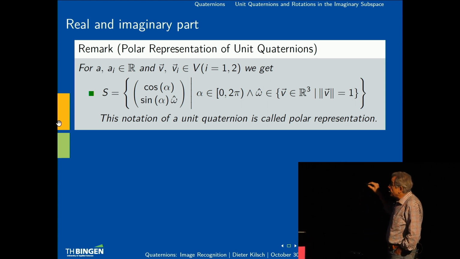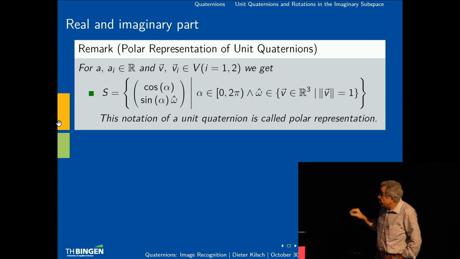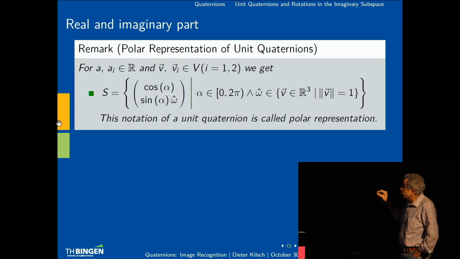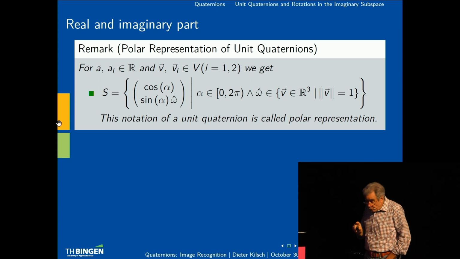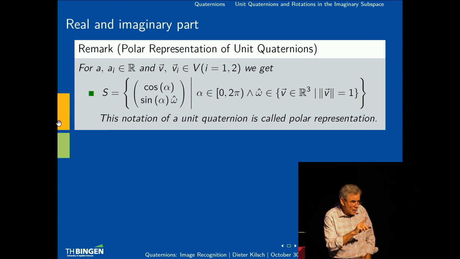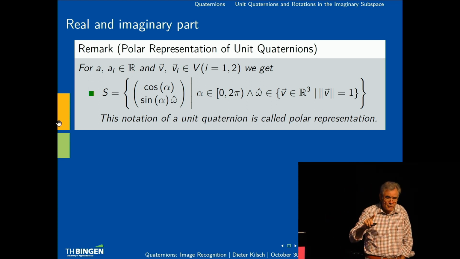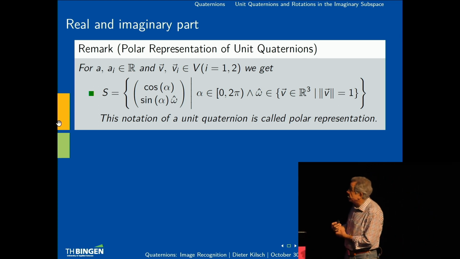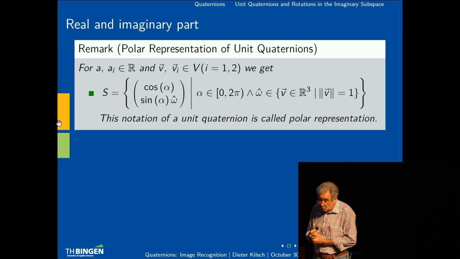We have a real part which we say is a cosine, and it's sine times a 3-dimensional unit vector, and they build a unit quaternion. And we really want to see later on how this angle is related to the rotation this unit quaternion stands for.